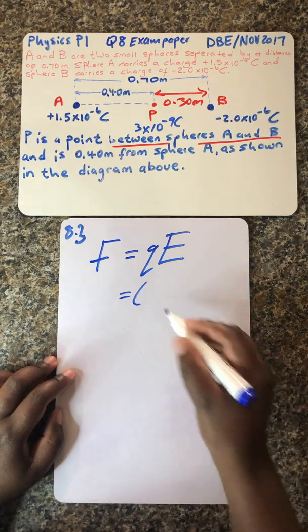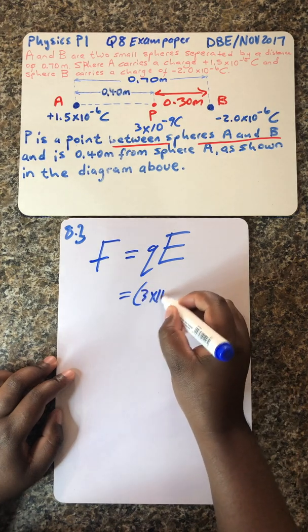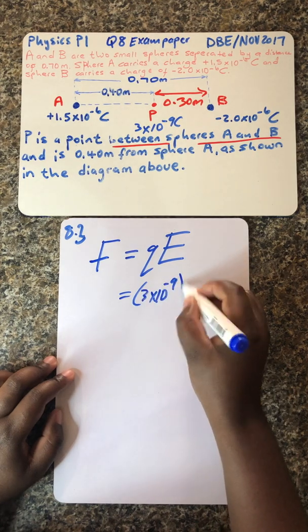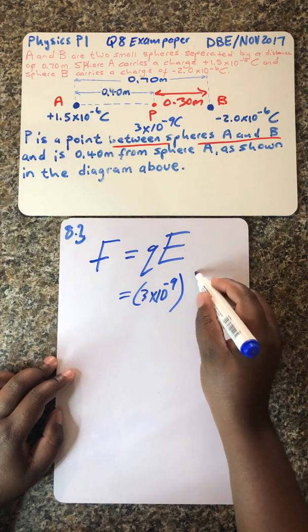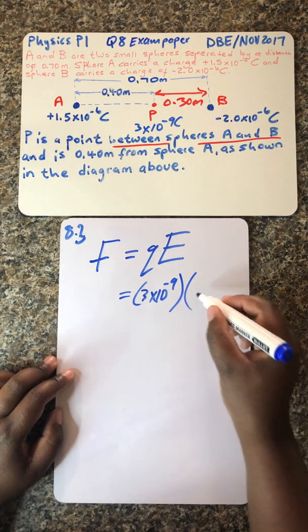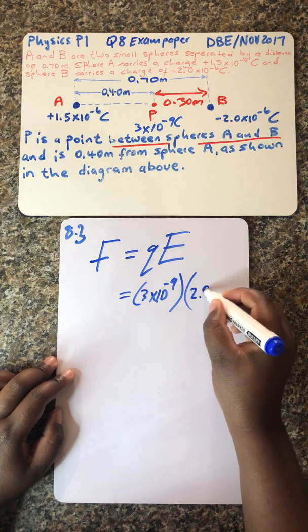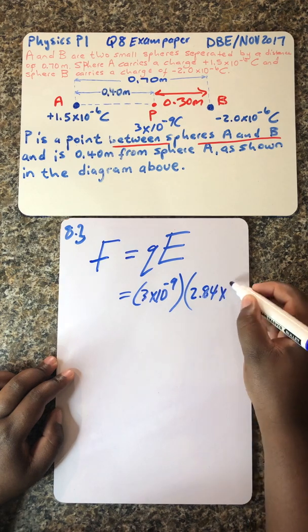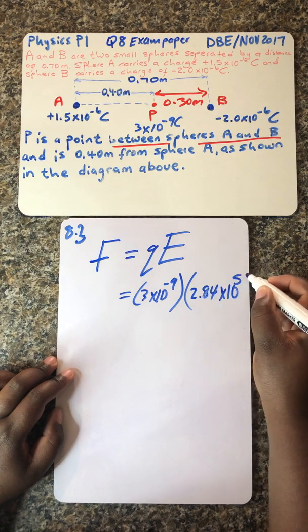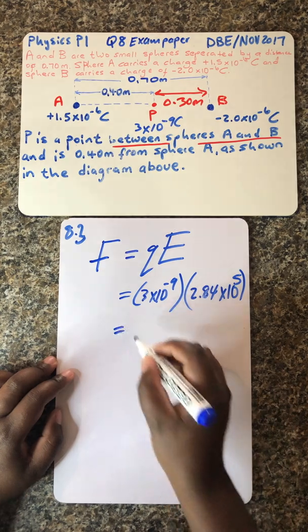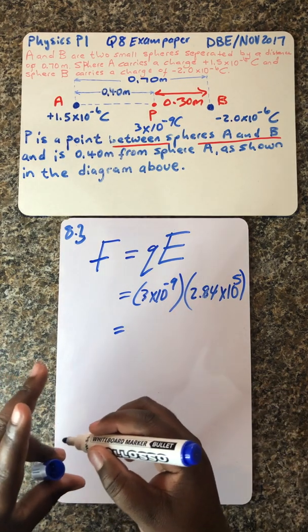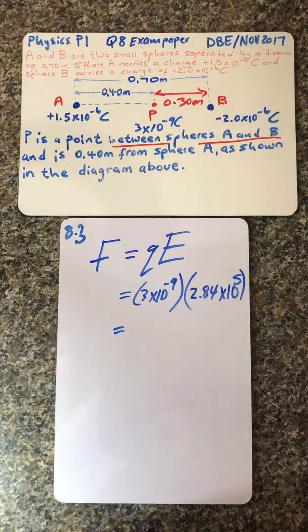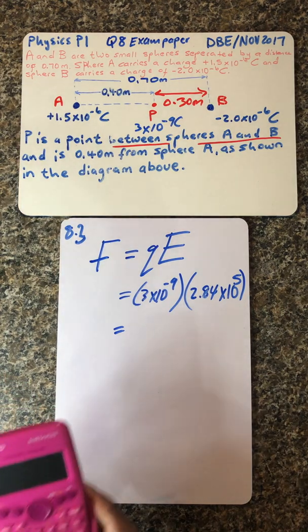You just substitute and calculate the magnitude of the electrostatic force experienced by this charge. A charge of magnitude 3 by 10 to the exponent negative 9. You obviously calculated the electric field from the previous question. The answer, I think it was 2.84 times 10 to the exponent 5. Okay, so guys, you just easily punch this on a calculator. Let's see.